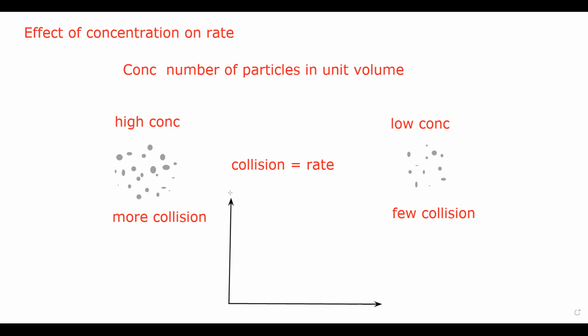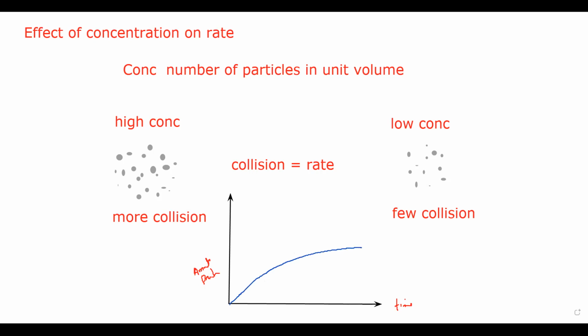So if we sketch a graph for the amount of product and the time, for low concentration it will be less steep and a smaller amount of product will be formed.